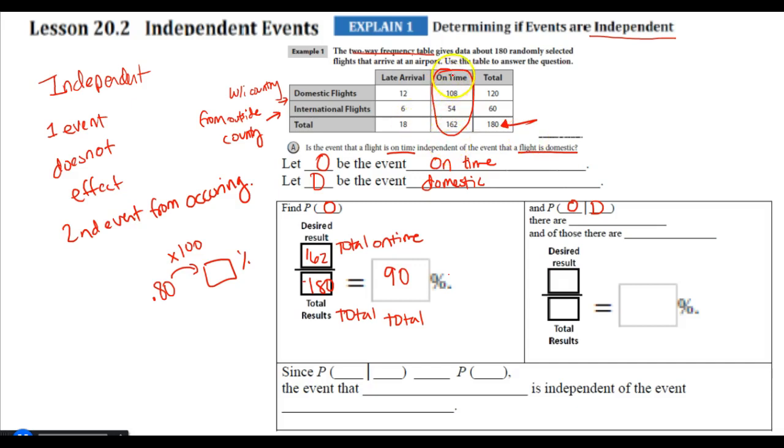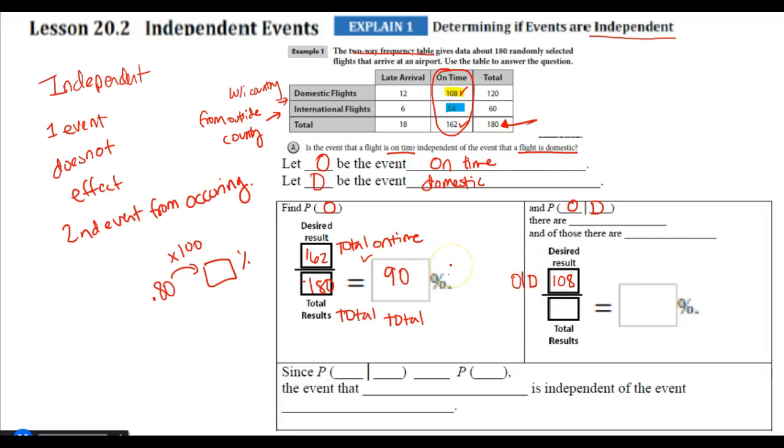So again, on time. I see I already used 162. Okay, there it is. Now I have two numbers I can choose from, and I highlighted those in yellow and in blue, so it might be helpful for you to highlight those as well. So for on time, which one of these is domestic? 108, right? So there's 108 domestic flights that are on time.